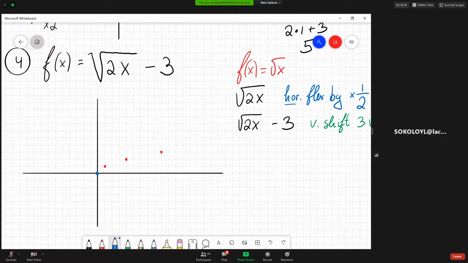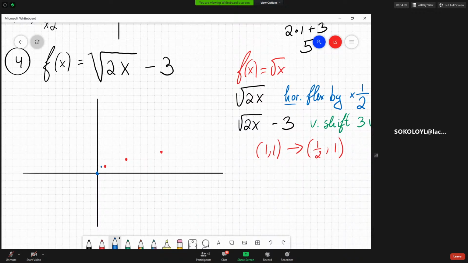Here the x coordinate is 1. The original point was 1, 1, right? When I multiply the x coordinate by 1 over 2, I'm going to get 1/2, 1. So that's where the new point is.